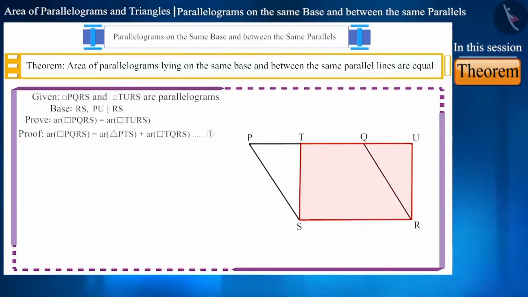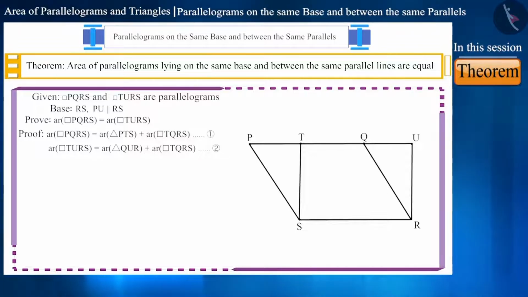Let us call it equation 1. Similarly, parallelogram TURS is made up of triangle QUR and quadrilateral TQRS combined together. So, quadrilateral TURS is equal to triangle QUR plus quadrilateral TQRS. Let us call it equation 2.